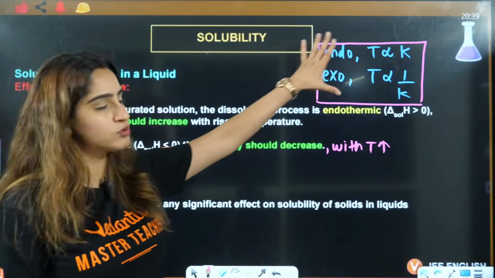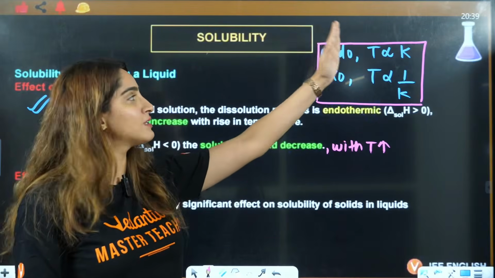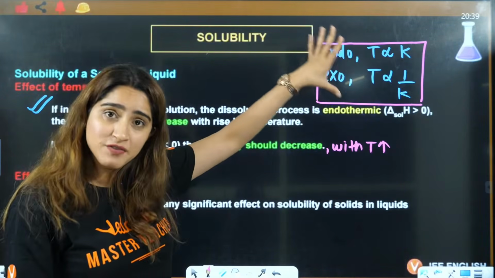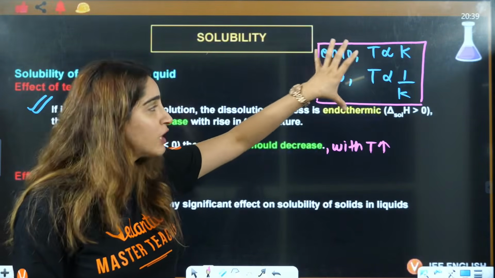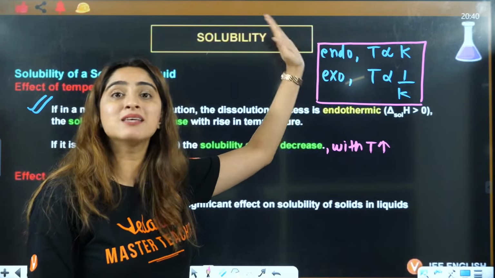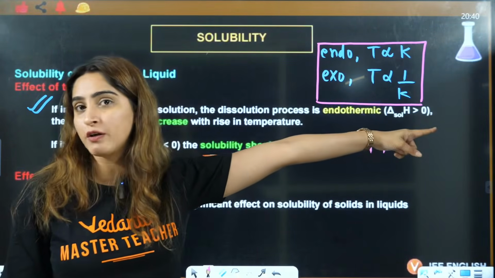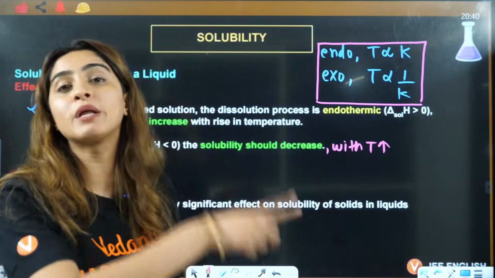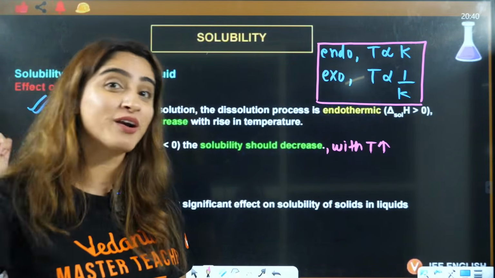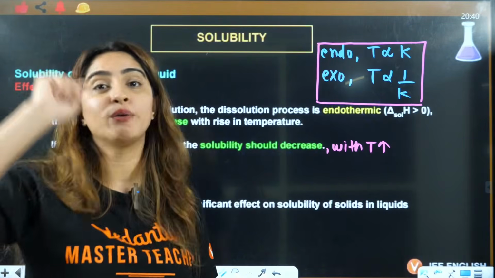What you have to notice here is that this is the conclusion from the equilibrium chapter. We have seen this with the formula. We have concluded this from chemical equilibrium, right? That for endothermic, temperature is directly proportional to equilibrium constant. Here equilibrium constant is solubility. It is Ksp that you have already studied in ionic equilibrium, right?